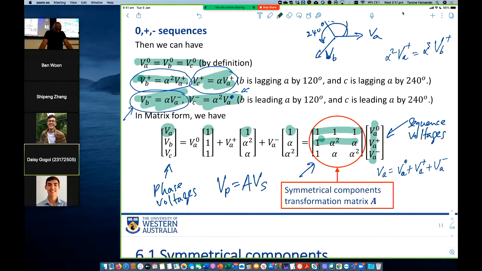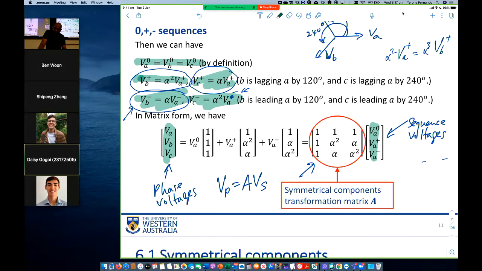Right? So what do we have here? If you focus on this part, that is the phase voltages, VA, VB, VC. If you focus on this part here, what is that?